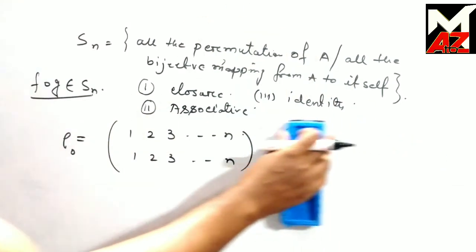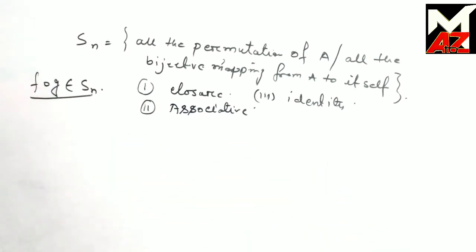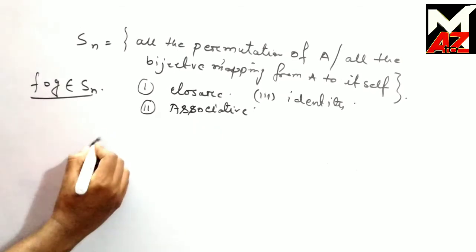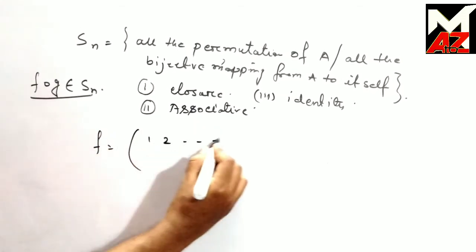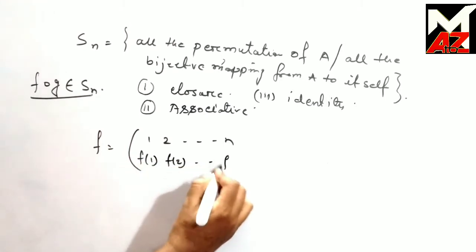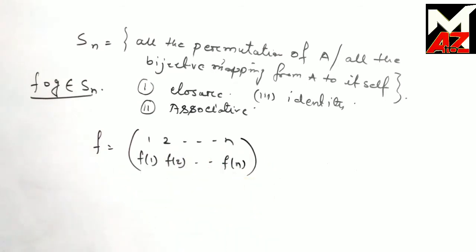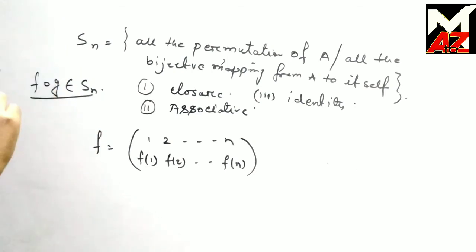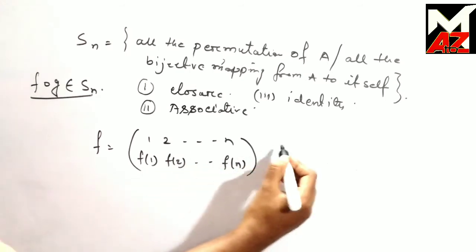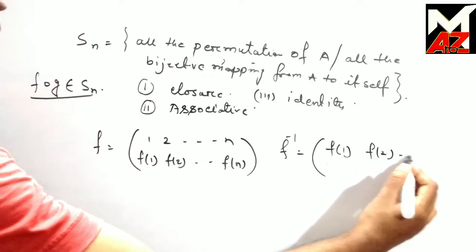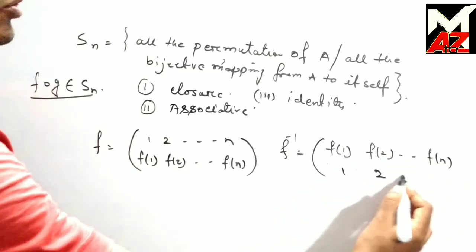Now we know that for any permutation like f equal to 1, 2 to n on the top row, and f of 1, f of 2 to f of n on the bottom row, here f of 1, f of 2 to f of n also belong to A, because it is a bijective mapping from A to A. The f inverse is f of 1, f of 2 to f of n on top, and 1, 2 to n on the bottom.